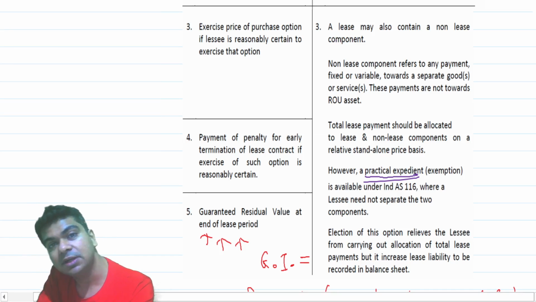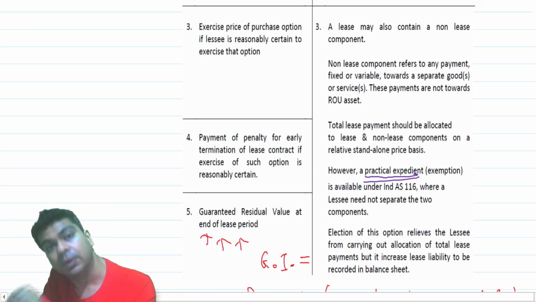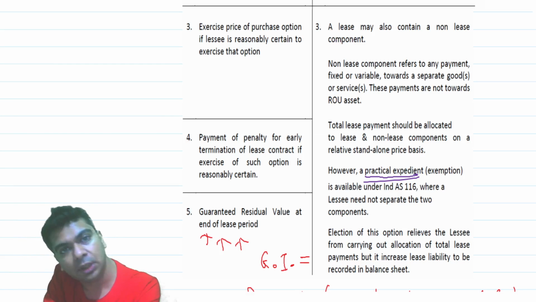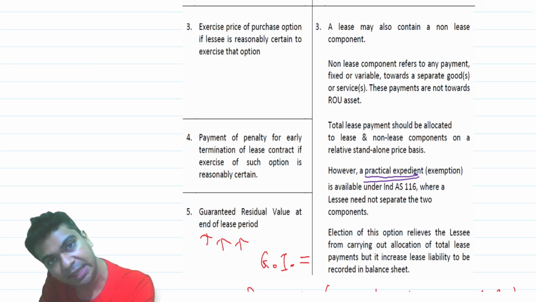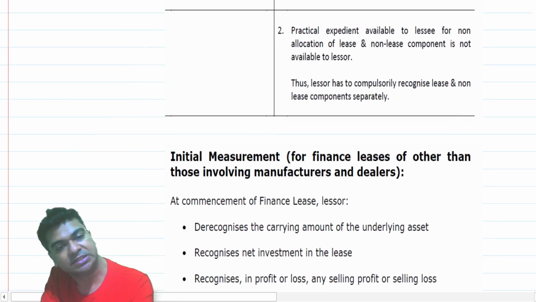If you are a lessor, you do not have this practical expedient. As a lessor, segregation of the total lease payments into lease component and non-lease component is compulsory. So that's where there will be a difference. Just read the second point.